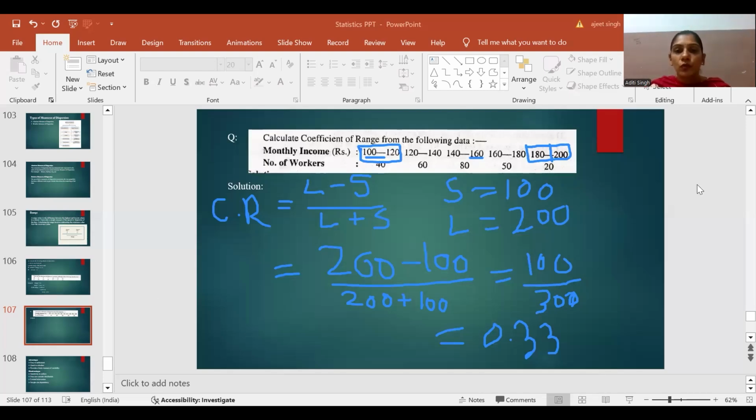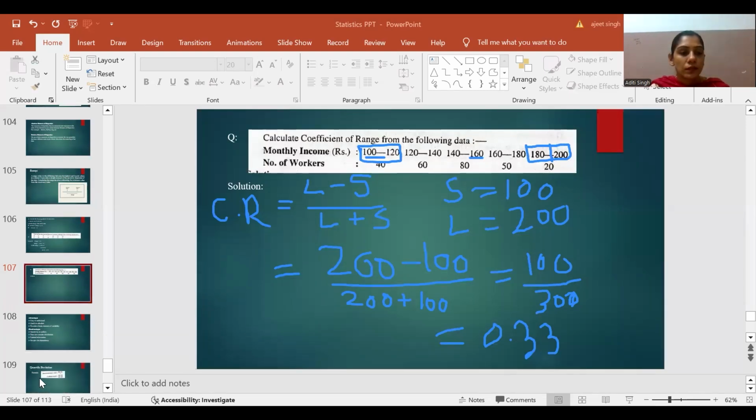Now we will move towards the next topic, quartile deviation.